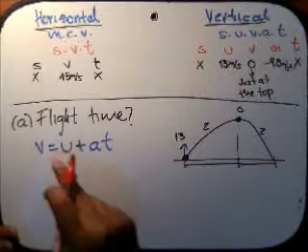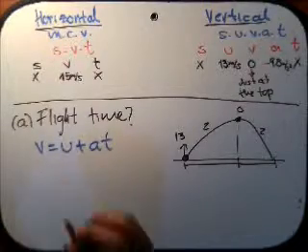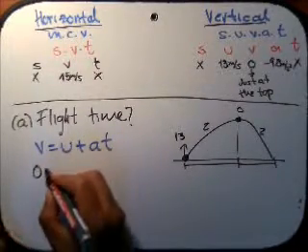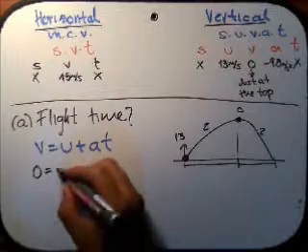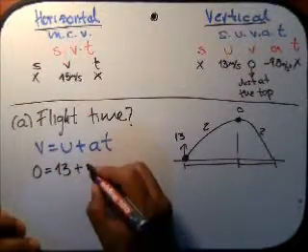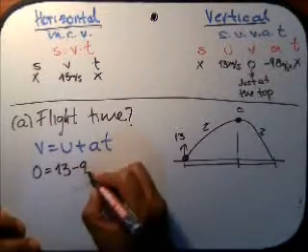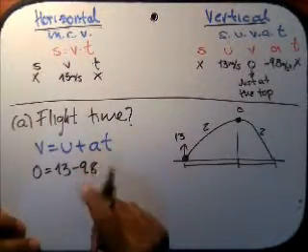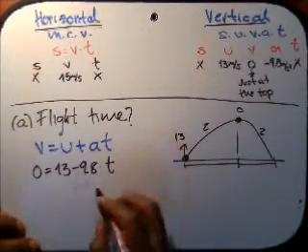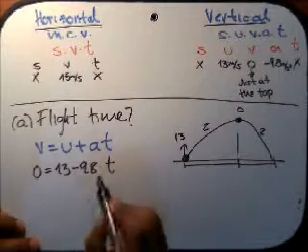So I'm just gonna put the values here. The final velocity is 0 at the top. That is equal to the initial velocity, which is 13, plus the acceleration, or sorry, minus, because it's a negative acceleration, minus the acceleration times t. So I need to just solve for the time.